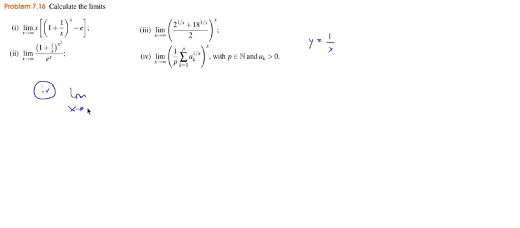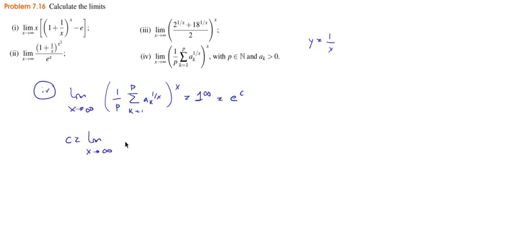This is one of those 1 to the infinity limits, and this is equal to e to the c. c is the limit when x goes to infinity of x times (1 over p times the sum from k equals 1 to p of a sub k to the 1 over x, minus 1).